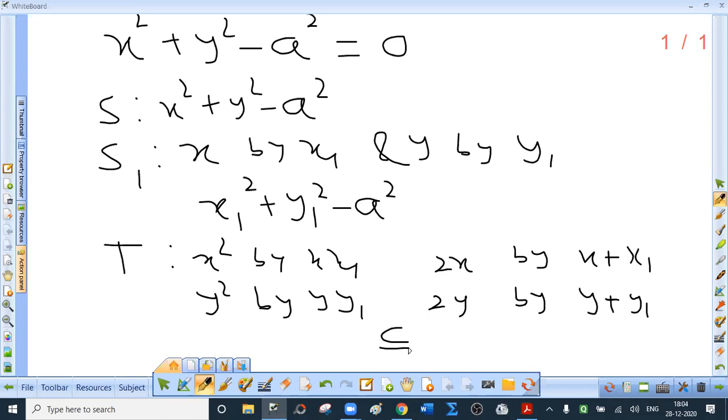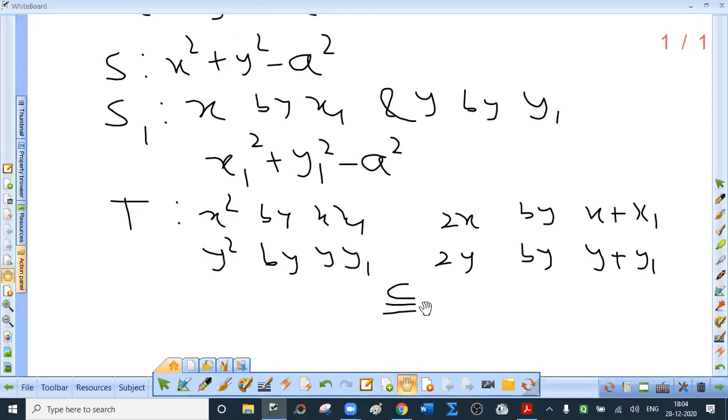Keeping the constant term unchanged, it is denoted by T.